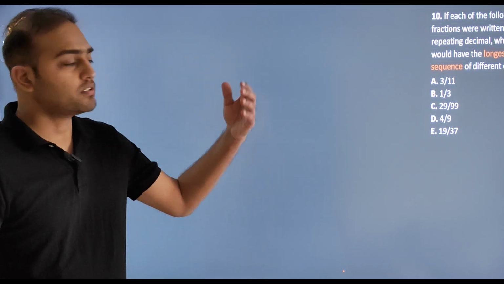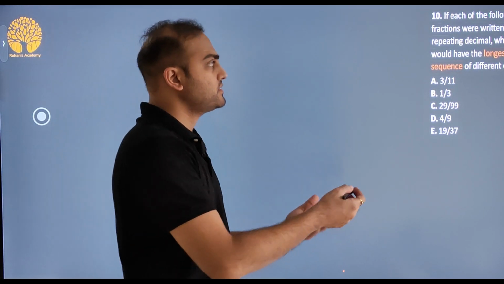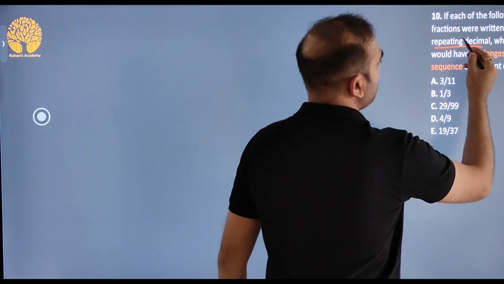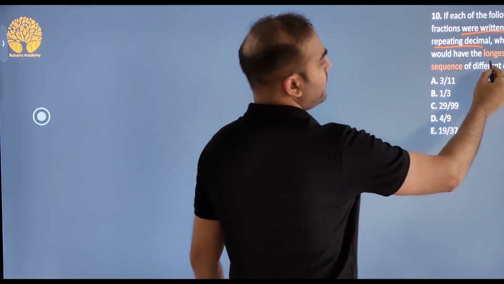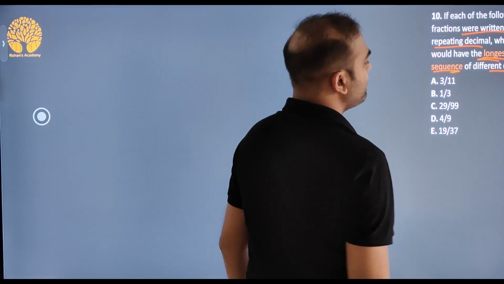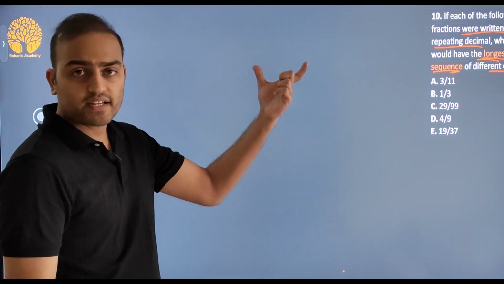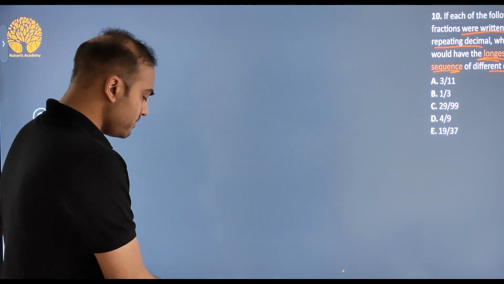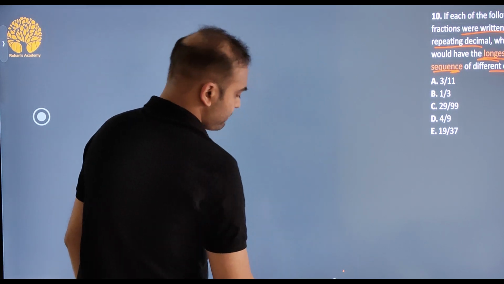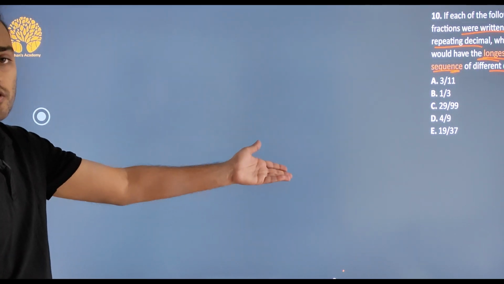All right. So if you have understood the previous one, this is very similar. We have all the fractions written as repeating decimals. We want the longest sequence of different digits. That means we want the recurring decimals to be longest. Again, if you want, you can solve all of these.